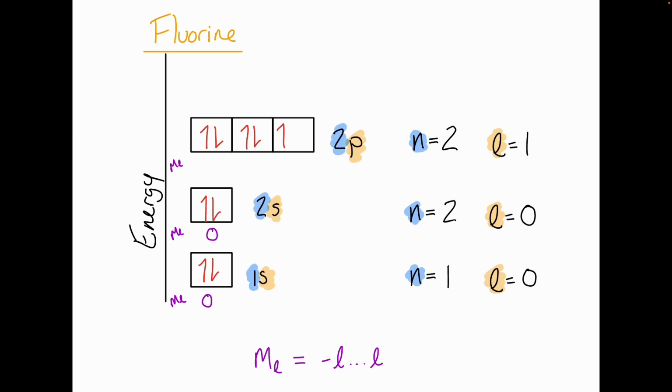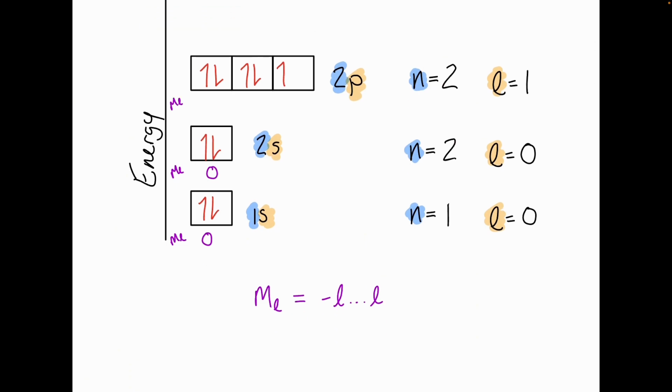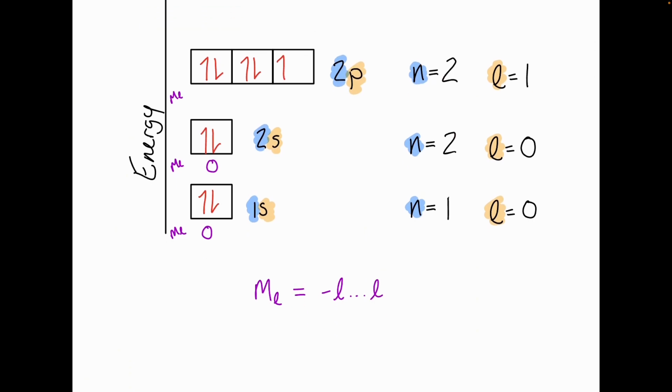All right, but now let's look at our 2p. What are our allowed values for the magnetic quantum number of the 2p orbital? It's from negative L to L. If L equals 1, that means that our m sub L can be negative 1, 0, or 1.